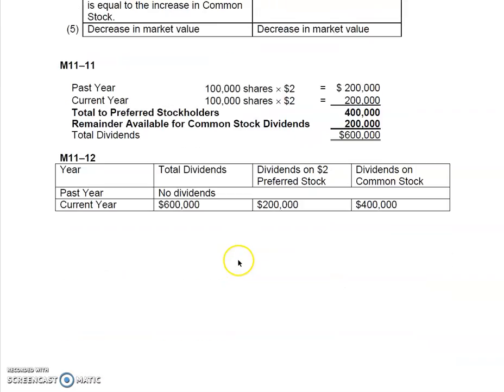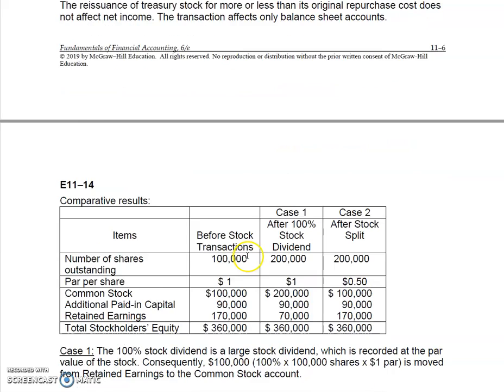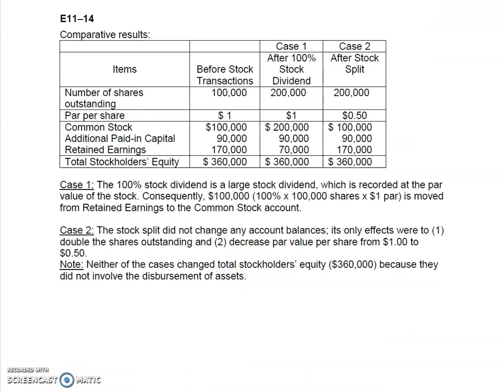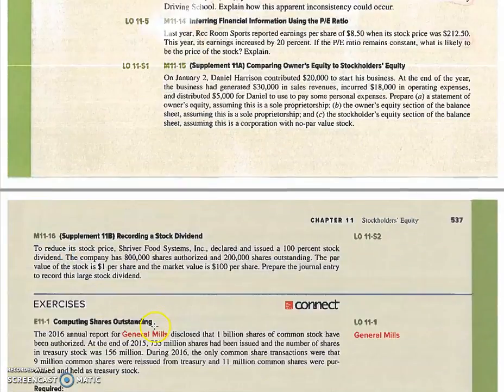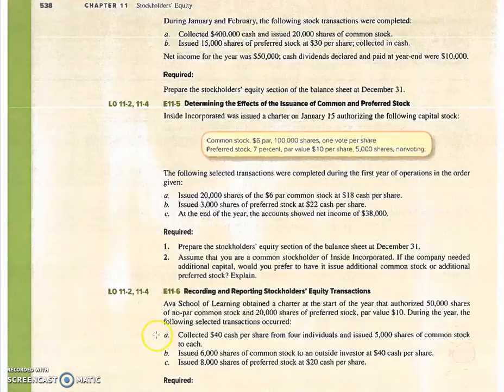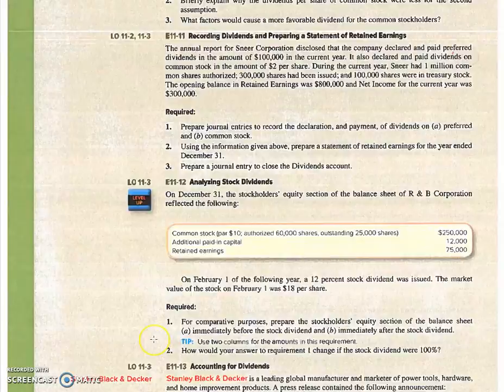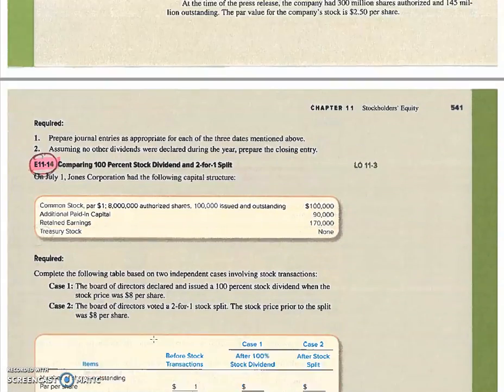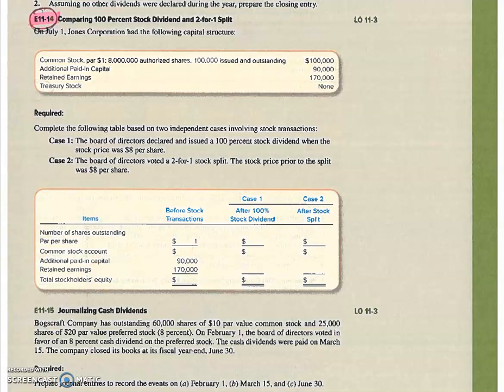Okay, and let's do exercise 11.14. That's the last one we have assigned. So there it is. And let's go look at it here. And there it is. So on July 1st, Jones Corporation had the following capital structure.